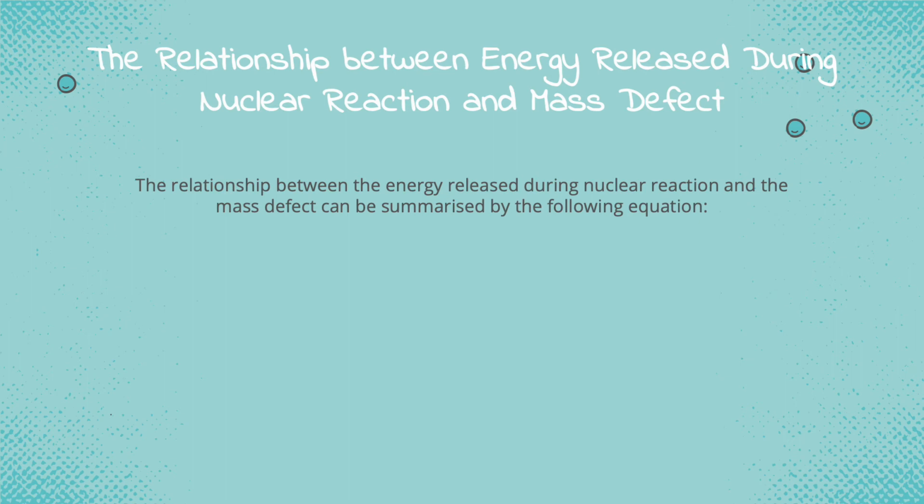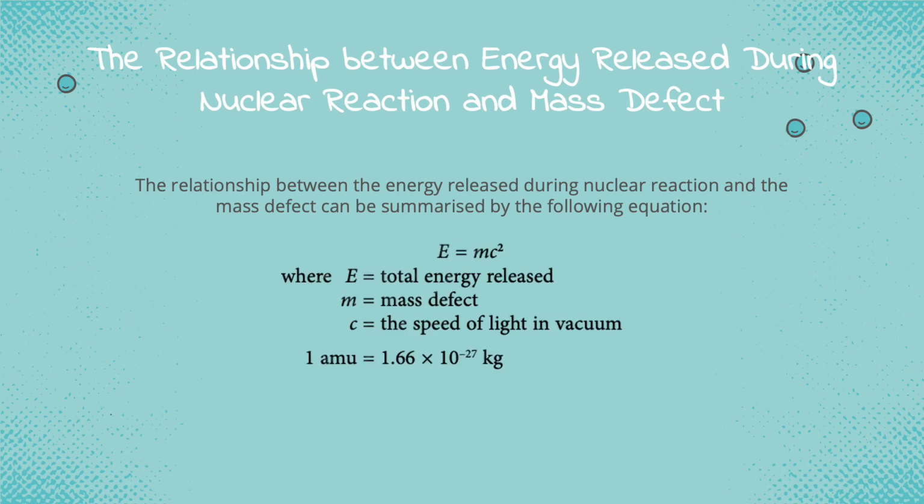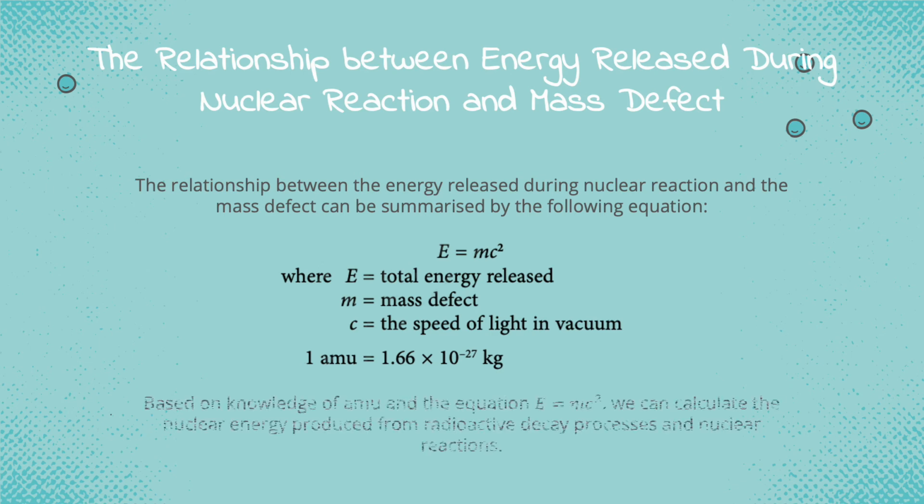The relationship between the energy release during nuclear reaction and the mass defect can be summarized by the following equation, which is E equal to mc squared, where E is for total energy release, m is for mass defect, and c is for speed of light in vacuum.